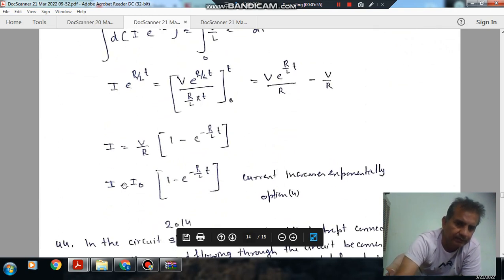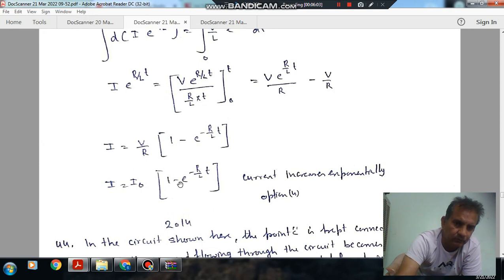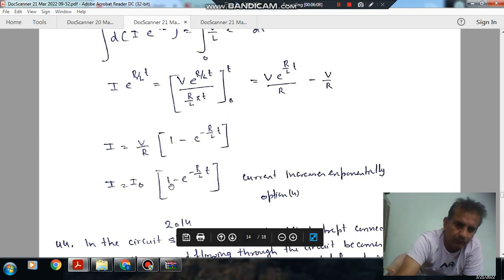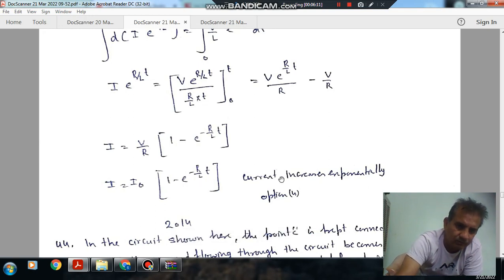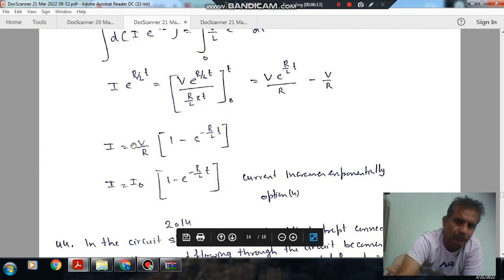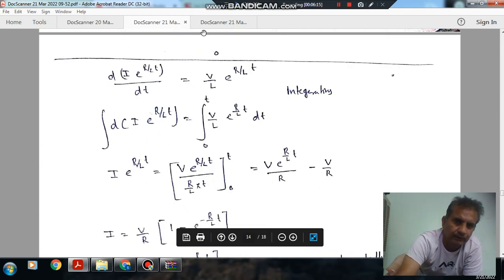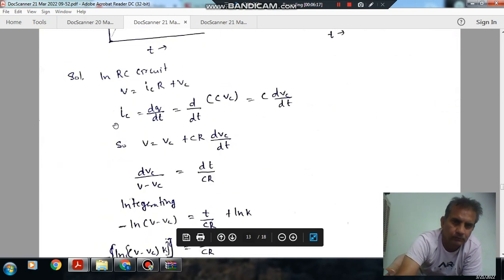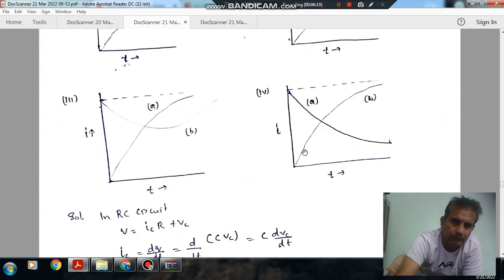So here we can see that this is I naught, and there is a minus sign here, and another minus sign, so this quantity will increase exponentially. So option 4 is the right answer: B will increase and A will decrease.